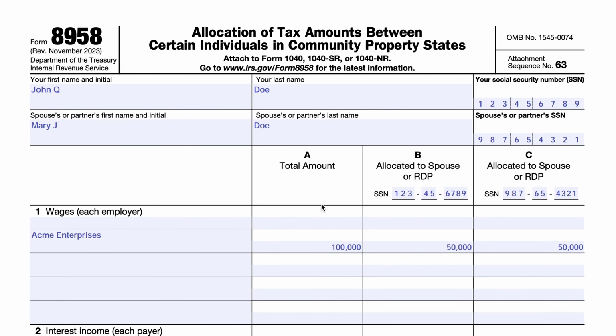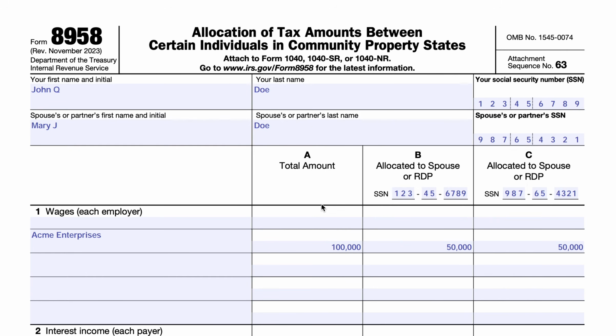So generally speaking, couples filing a separate return cannot claim the child and dependent care credit on IRS Form 2441. They cannot claim the earned income credit on Schedule EIC.